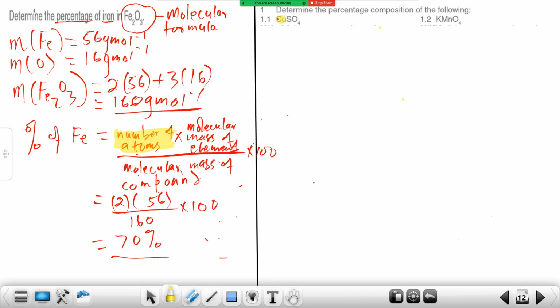So the first one will be for copper, and then the second one will be for oxygen. So those are the two that we are calculating for.